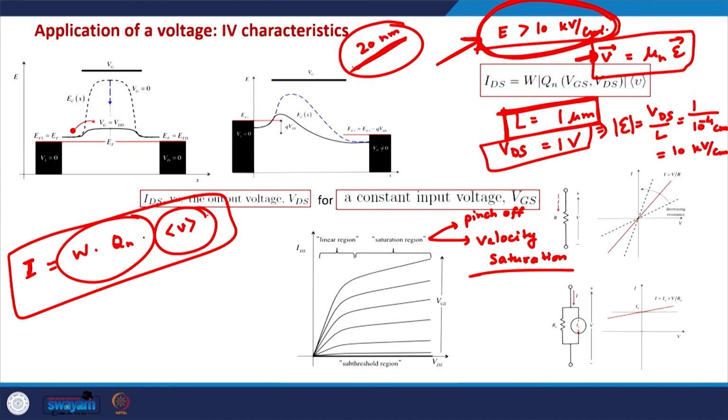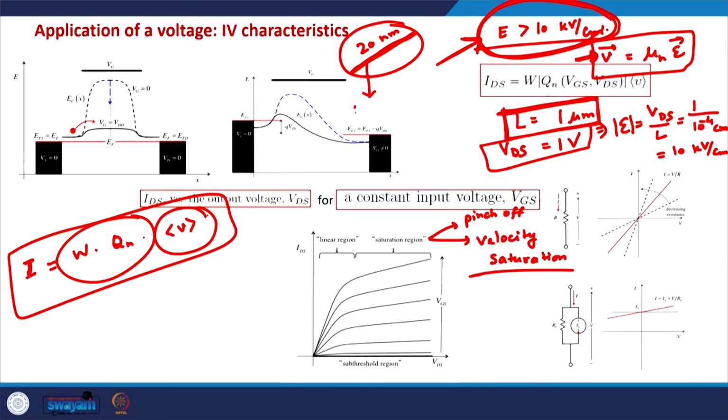But if the MOSFET channel length is around 20 nanometer, in that case the scattering of electrons is very low because this is the ballistic regime of operation.